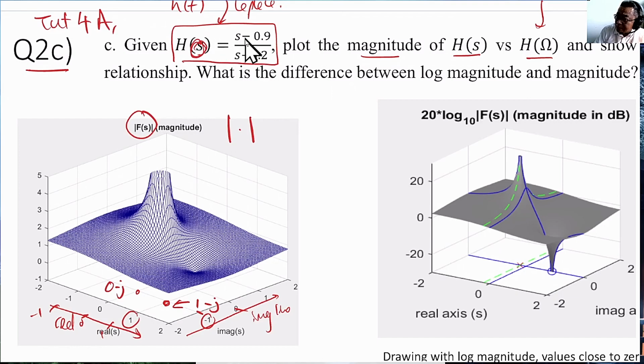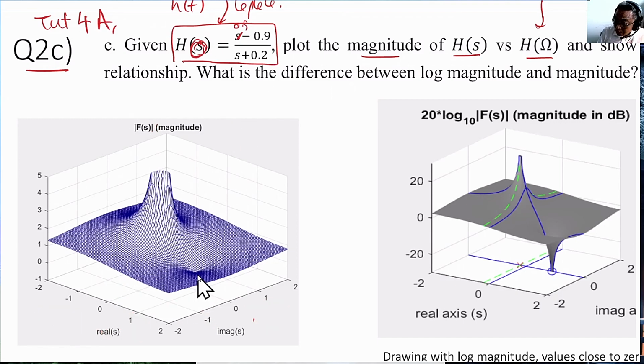Now something very exciting happens when s is equal to 0.9. When s is equal to 0.9 real, then the numerator becomes 0. So where is the value s equals 0.9? It is here, 0.9, and we are interested in plus j equals 0.